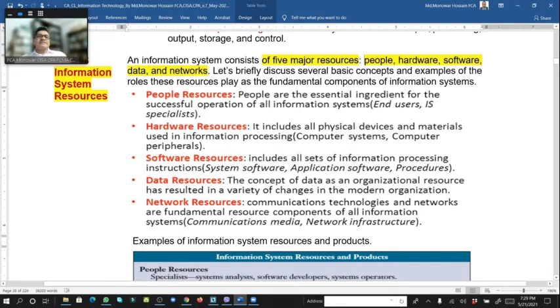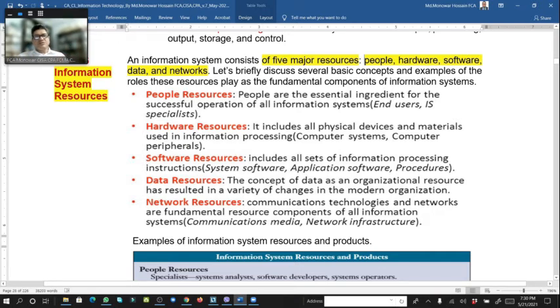Even an automated system is programmed by a programmer, a specialist, and he or she is a person. Then the hardware resource includes all physical devices and materials used in information processing, such as computer systems, computers, etc. And the software resource includes all sets of information processing instructions: system software, application software, procedures, etc. All within the software resource.